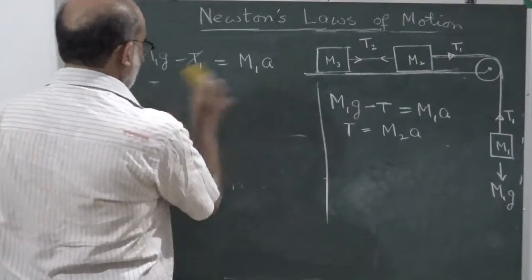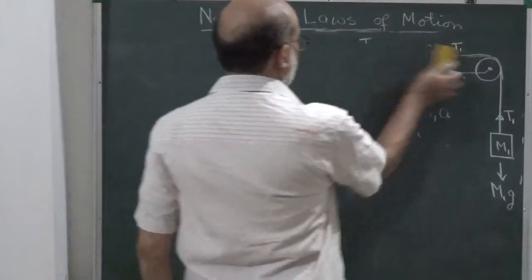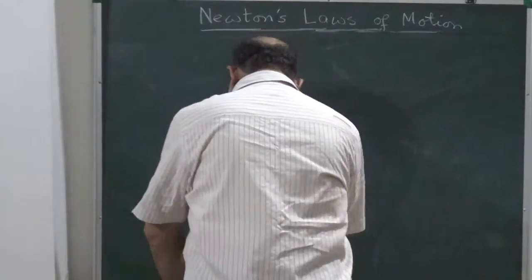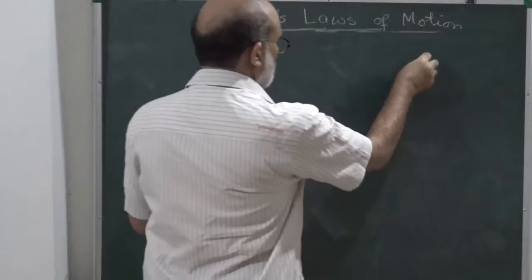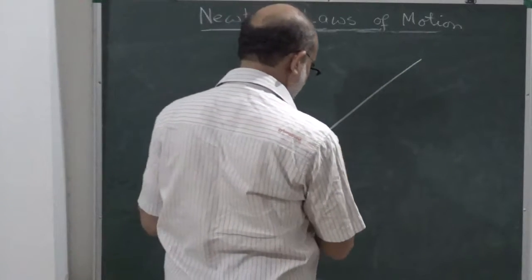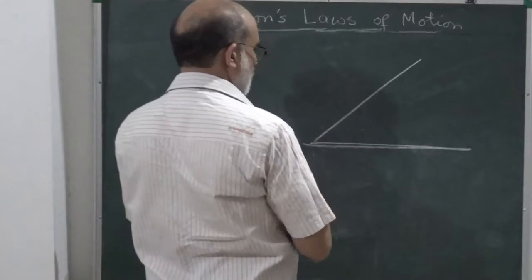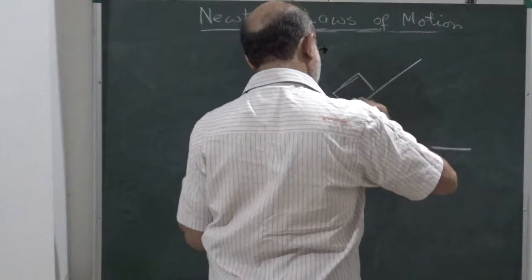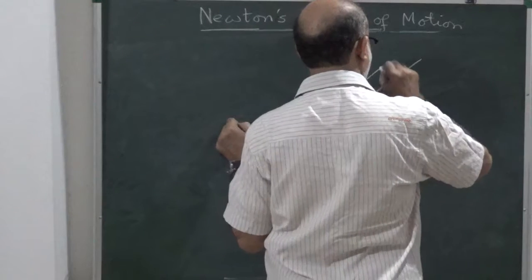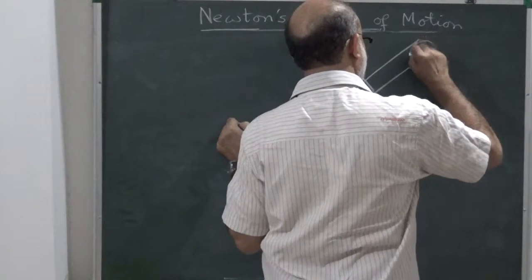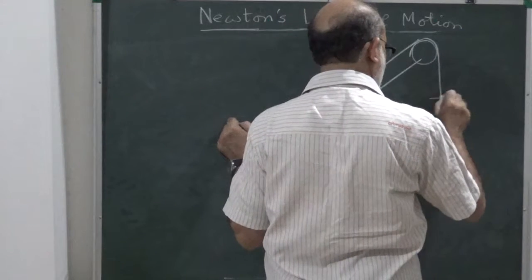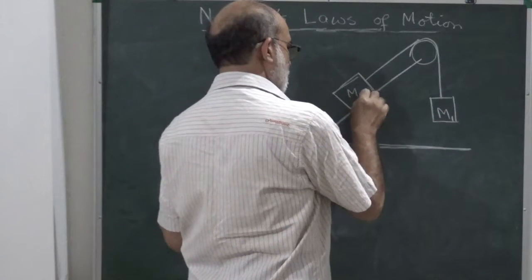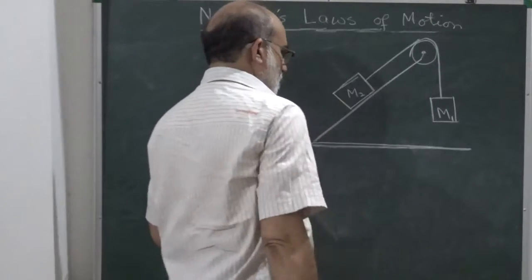Now suppose another example. Suppose one of the blocks is on an inclined plane. Now suppose this is theta.